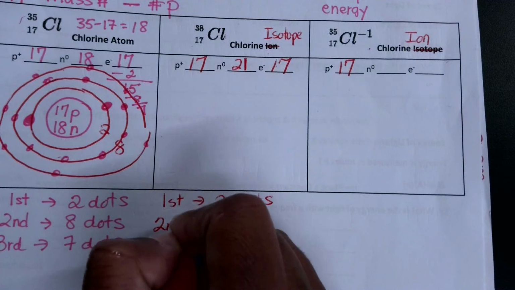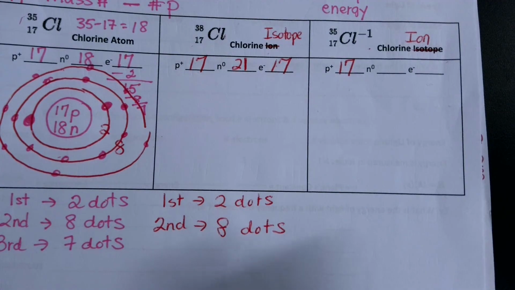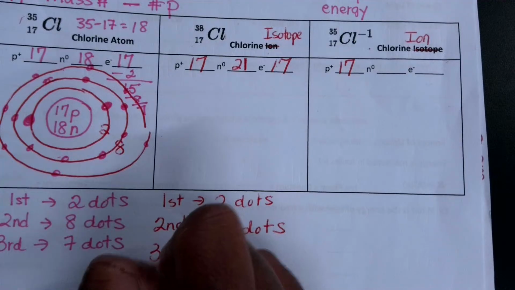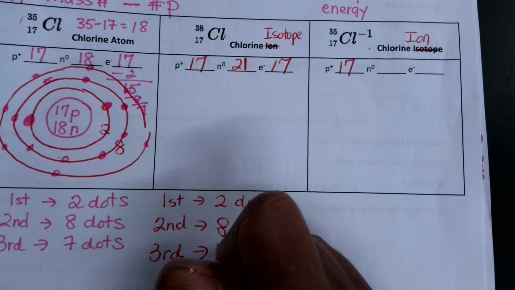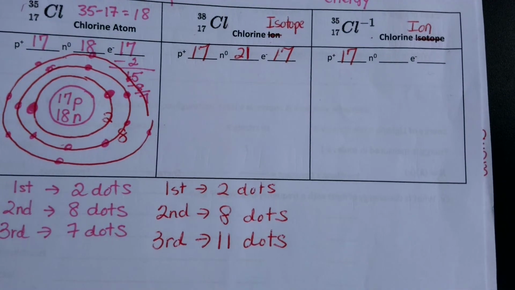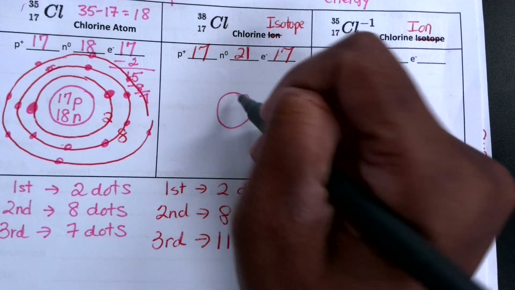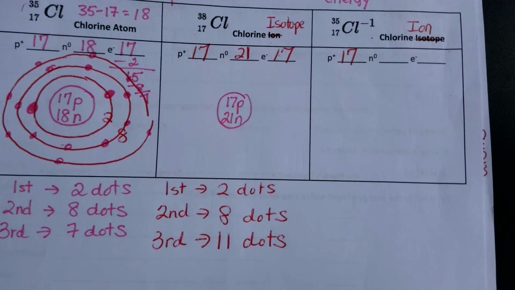The second row would have a max of 8 dots. So now we're at 10. And then we place the rest of them in the third row. There we go. So we're going to put the nucleus as 17 protons and 21 neutrons. Now place all your dots around.